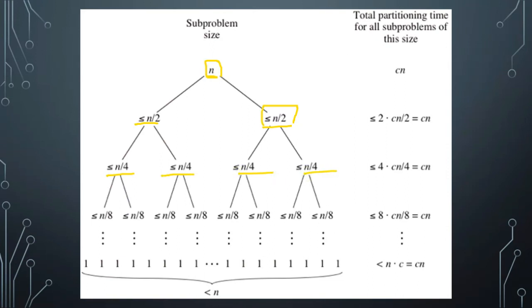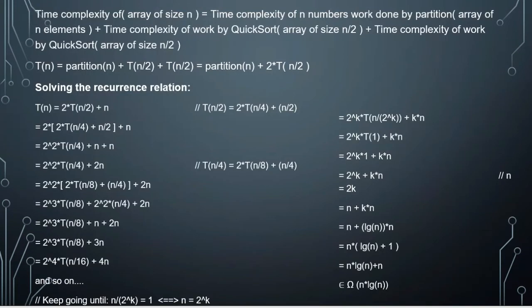So here we see the time complexity, and now let us understand the time complexity of the best case scenario in quicksort. We will see how it works and how we prove the time complexity is n log n. For an array of size n, the time complexity is T of n.